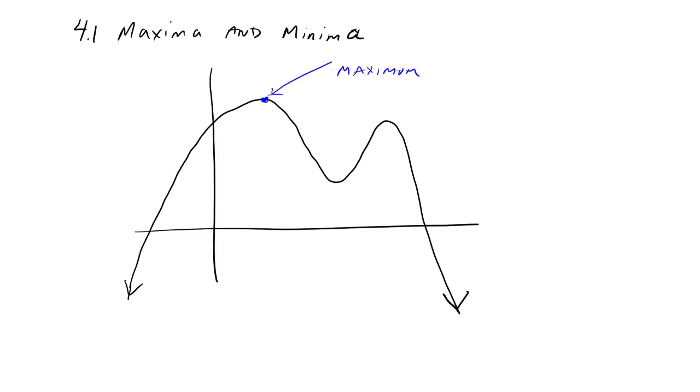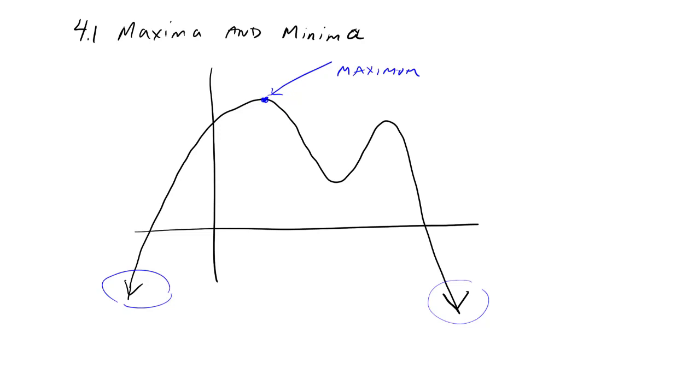Now, is there a minimum of the function? Well, it doesn't look like there's any lowest value because we have the function going to negative infinity on both ends there. So there's no lowest value. All right, so there's no overall minimum.